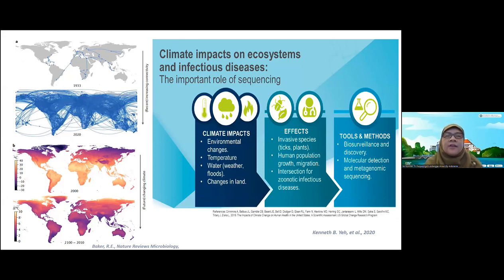For this kind of climate impact, it is now very important to do biological surveillance. That is one of our focuses, our priority. In Universitas Airlangga, we have an Infection Disease Institute and an Infection Disease Hospital, from before COVID happened.